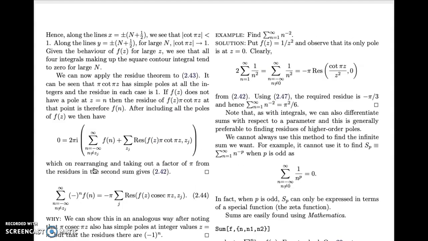We also obviously have this factor of pi coming in. So the residue we get is minus pi by 3. The factor of pi I'm talking about is here. We actually get this extra factor of pi, which gives us pi squared, and then divide by 2, and we get the final answer of pi squared by 6.